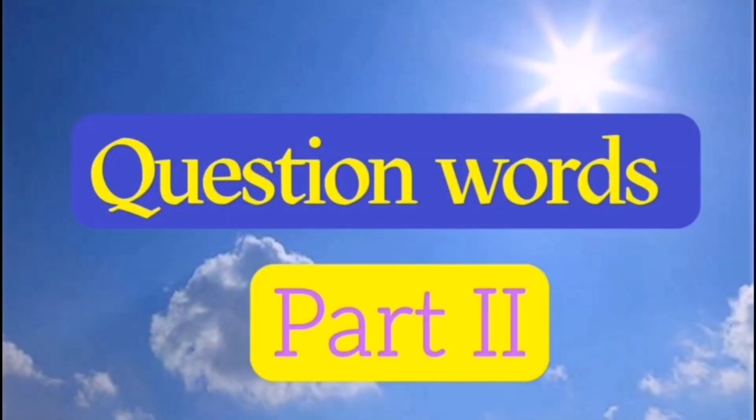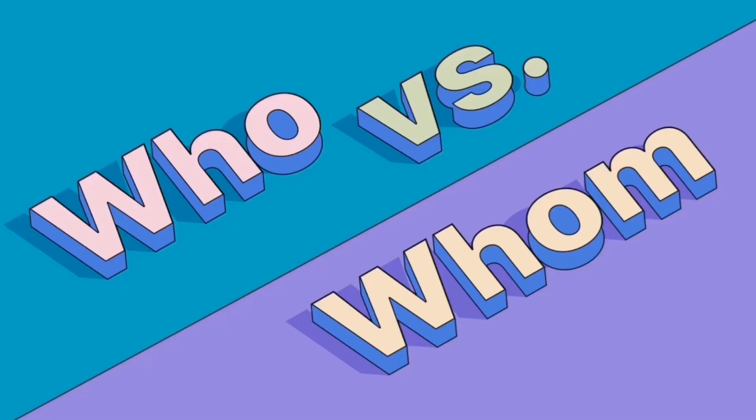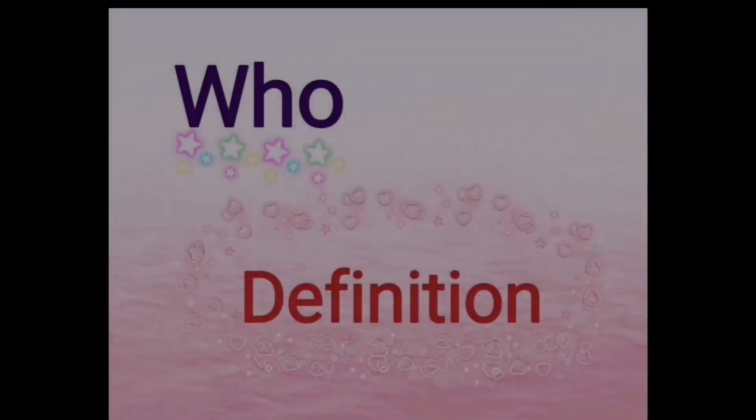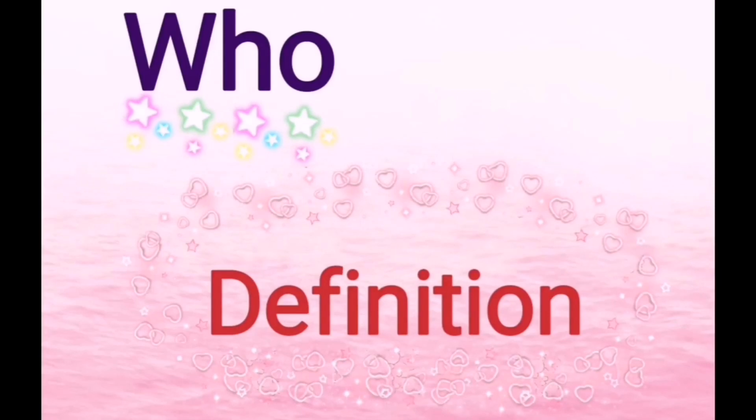And here is the part 2 of our lesson, when we are going to say who and whom. So what is the difference between who and whom, and when to use each of them? That's what we are going to figure out. So let's see first the definition of who.